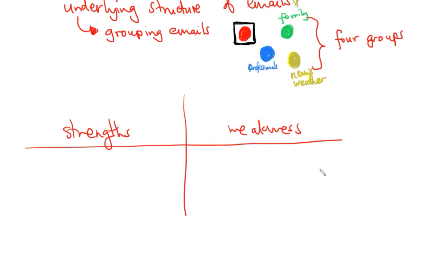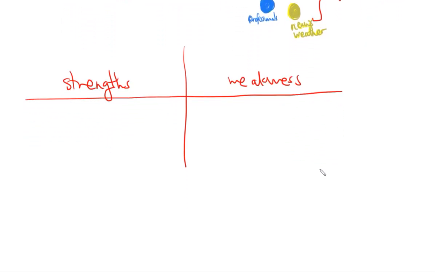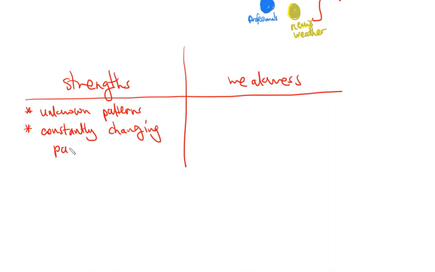So one strength of unsupervised learning is when your data set has unknown patterns. You really do not know what the patterns are in the data set. You can use unsupervised learning, and it will have a strength there. Or when the patterns are constantly changing. In this case, let's take fraud, for example. Fraudsters are very smart people, right? They try to change their patterns to defraud your company.